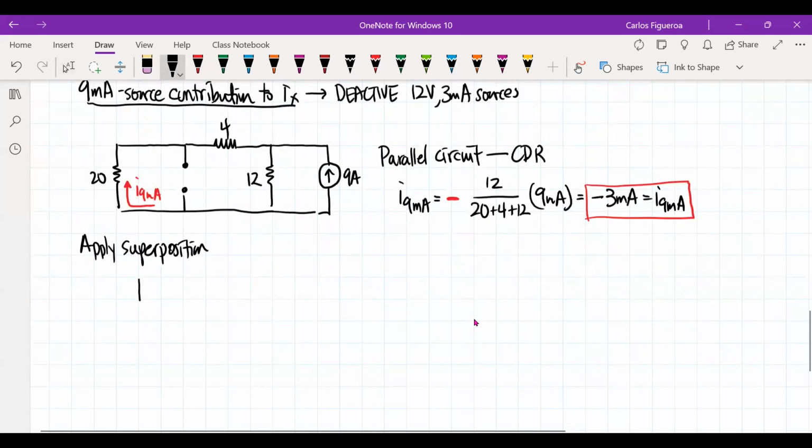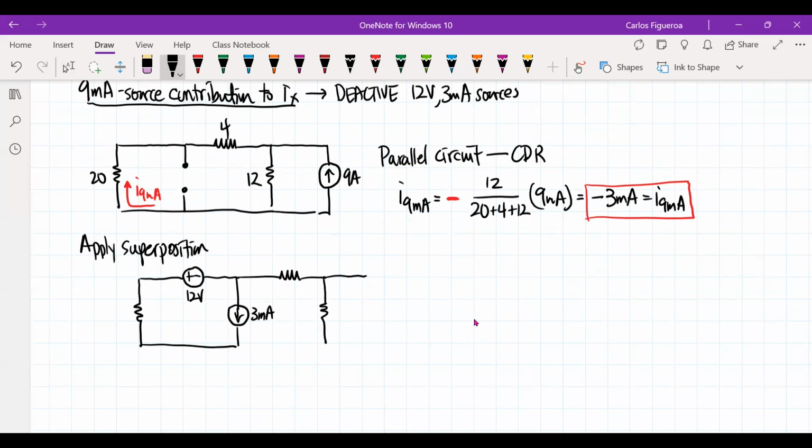I have a 20, I have a voltage source that's 12 volts, I have a current source that's 3 milliamps, and then I have the same resistor contribution, but now I have my 9 milliamp source. So this is 4, this is 12, this is 20.